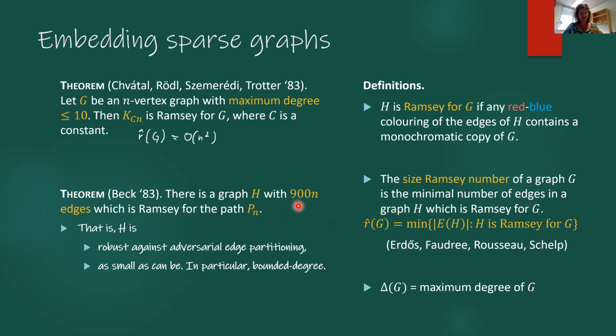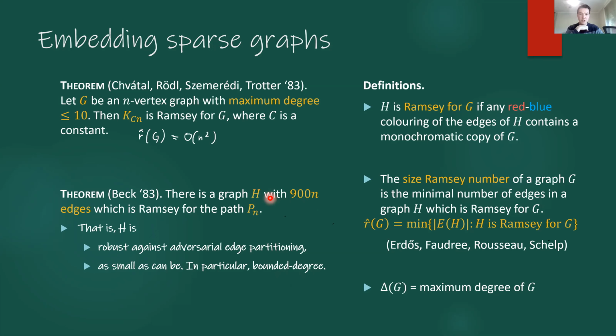On the contrary, this graph H is as small as possible. So it has a linear number of vertices, but more remarkably, it has a linear number of edges in n. You can make it bounded degree, meaning that all vertices in H have degree at most 1,000, and this is again independent of n. So think of n as growing, and yet the degrees in this graph H are still bounded.